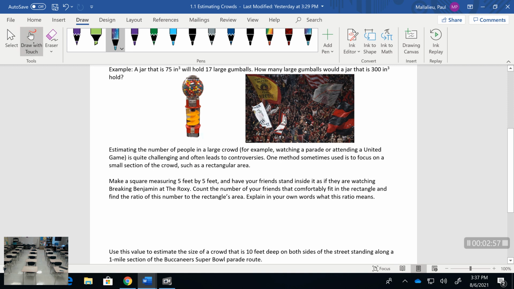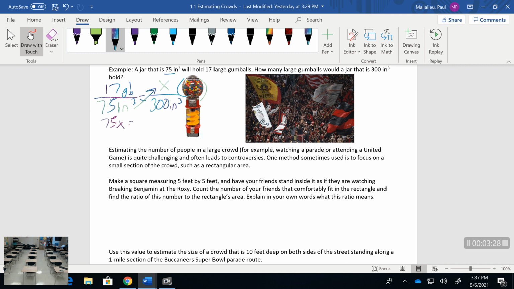We're saying there's a jar, which basically would be this. This would be the larger of the two, but it is going to be 75 inches cubed, and it holds 17, I'll just call them GB gumballs. How many large gumballs would be in a jar that is 300 inches cubed? We don't know how many. So when you set up your proportion of two ratios, you are going to cross multiply. So the bottom multiplies by the top.